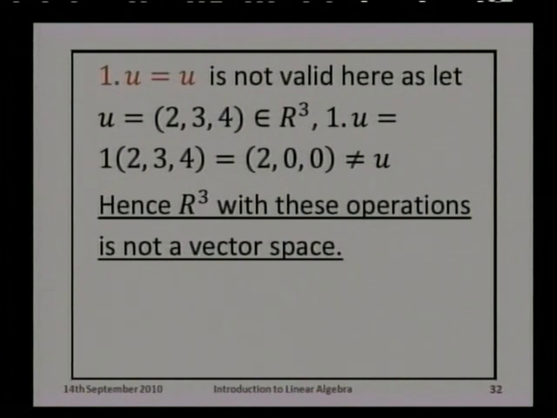So we did not get 1 dot u as u, and since one condition, namely the 10th condition, is not satisfied, R3 with these operations is not a vector space.